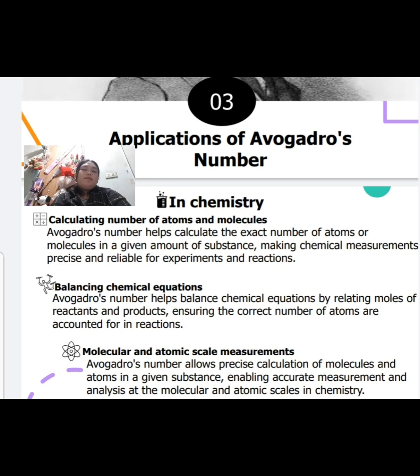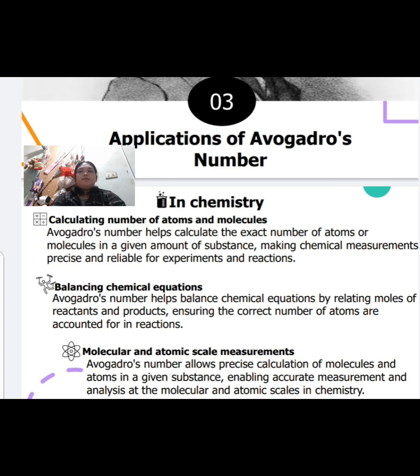And the balancing of chemical equations naman is ito yung tinutulungan nilang using Avogadro's number. They can balance the chemical equation by relating the moles of the reactants to the products and ensuring the correct number of atoms are accounted for in reactions.